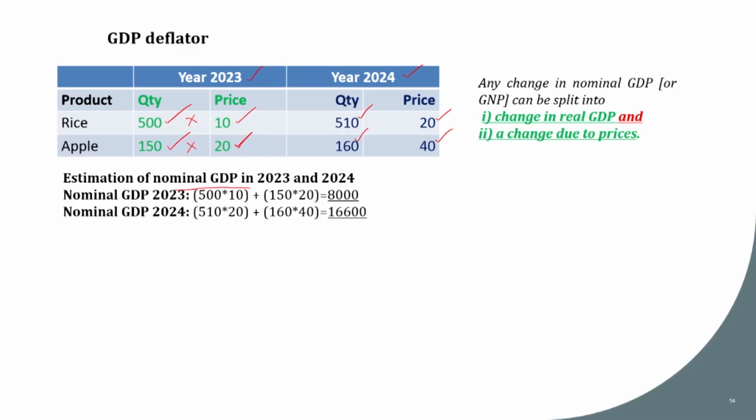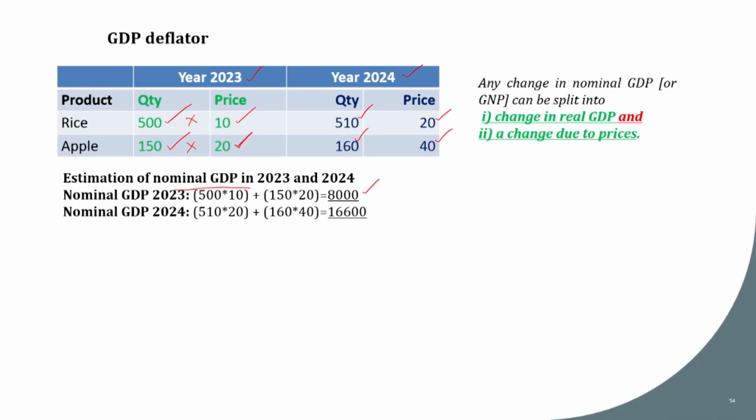So from this, you can see the nominal GDP of 2023 is 8,000 and nominal GDP in 2024 is 16,600. So you can see that the nominal GDP has more than doubled.